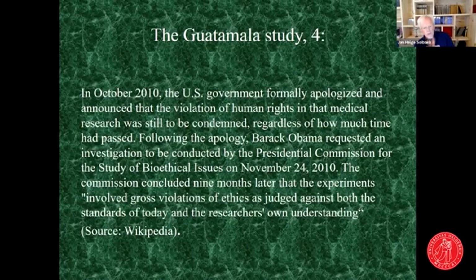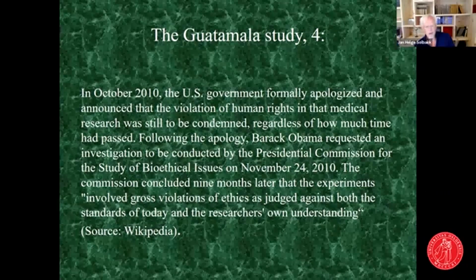In October 2010, the US government formally apologized and announced that the violation of human rights in that medical research was still to be condemned, regardless of how much time had passed.